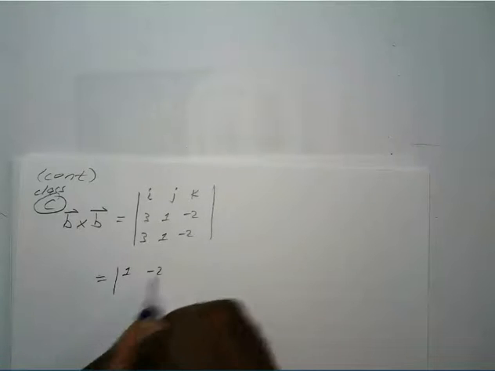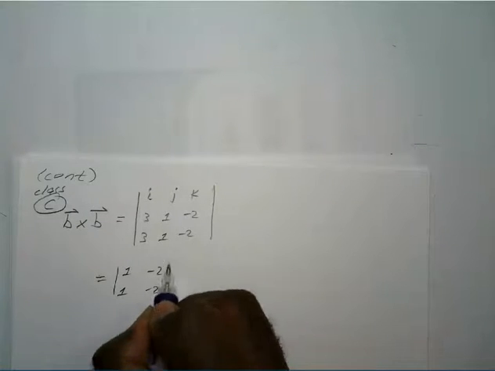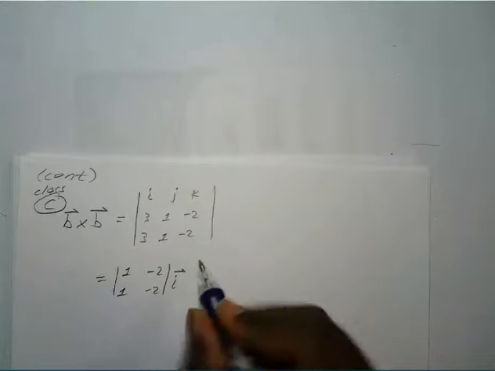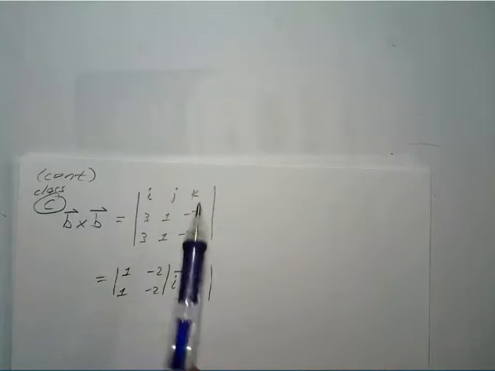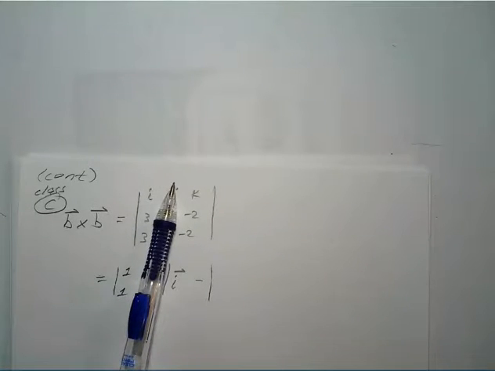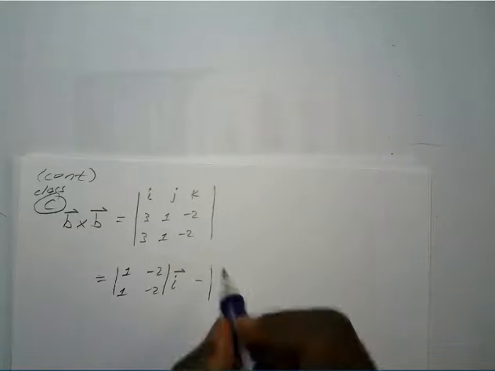So 1, -2, 1, -2 times our i vector minus, we cover up our j, we have 3, -2, 3, -2.